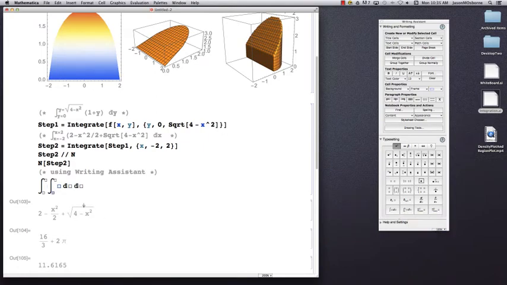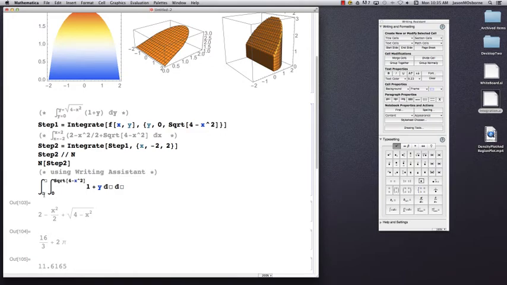Okay. So we've got two integrals, and we just need to fill in the boxes now. Let's put in the function 1 plus y here. You don't need to put the x's and y's, we need to put just the bounds here, 0 to the square root of 4 minus x squared.